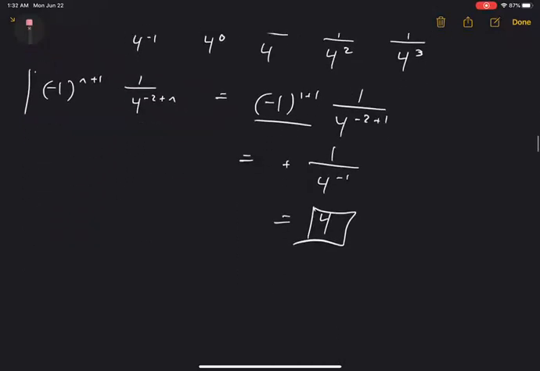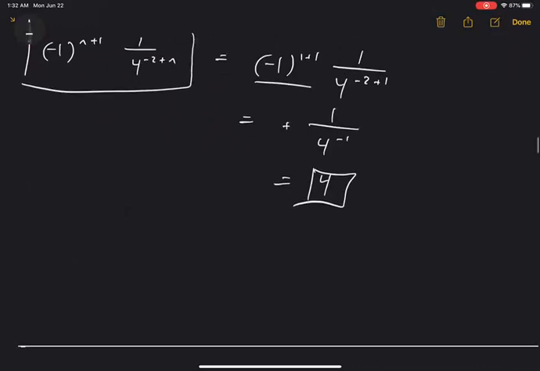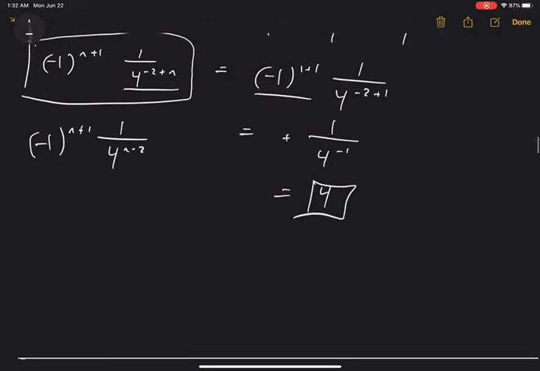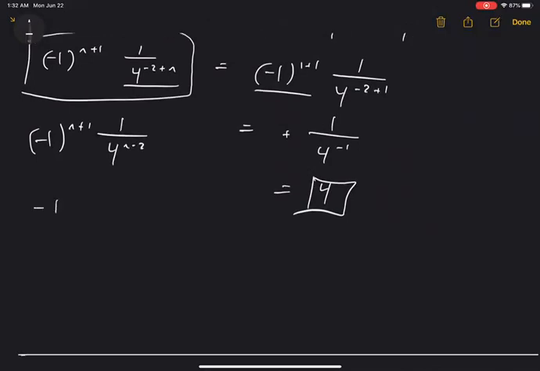But as you might have guessed, this is just one way to write it. There's maybe a couple ways to write this formula. First of all, this 1 over 4 to the negative 2 plus n, I could have also written as 1 over 4 to the n minus 2, right? Same thing. I could also write this as 4 to the 2 minus n.